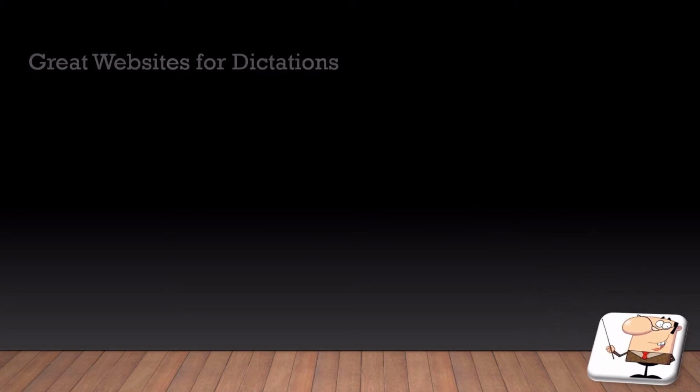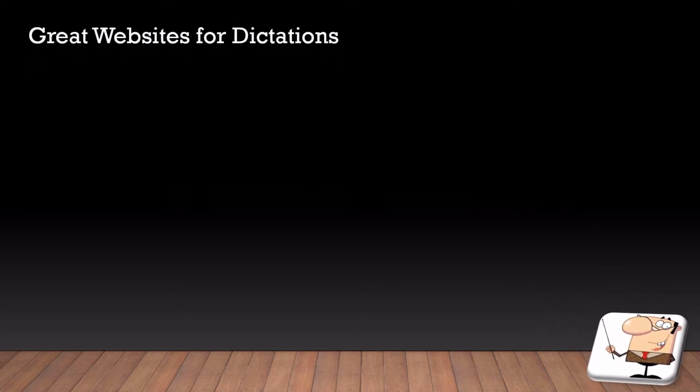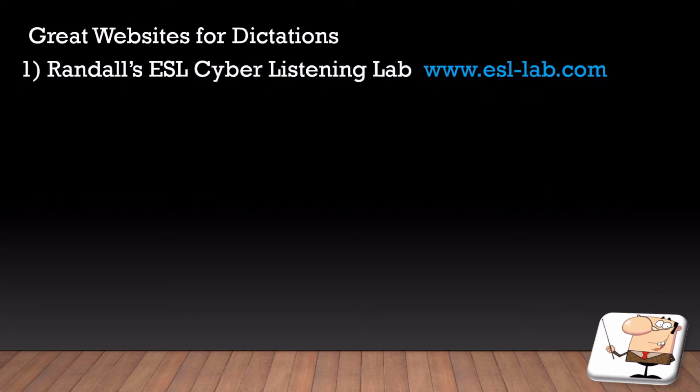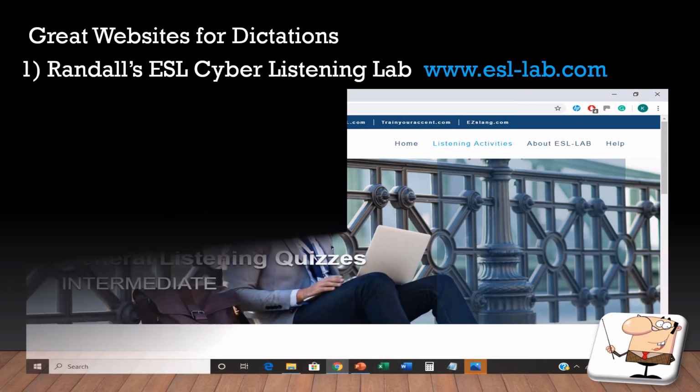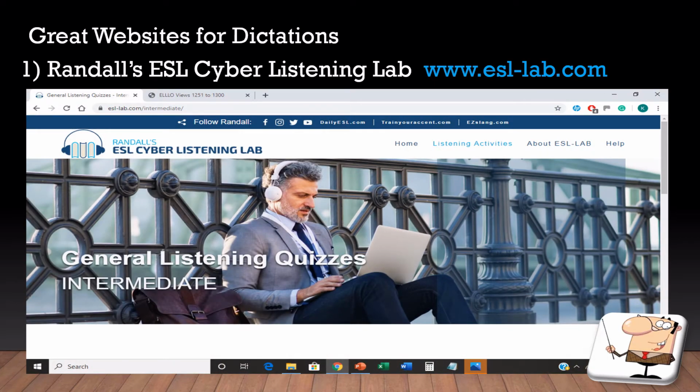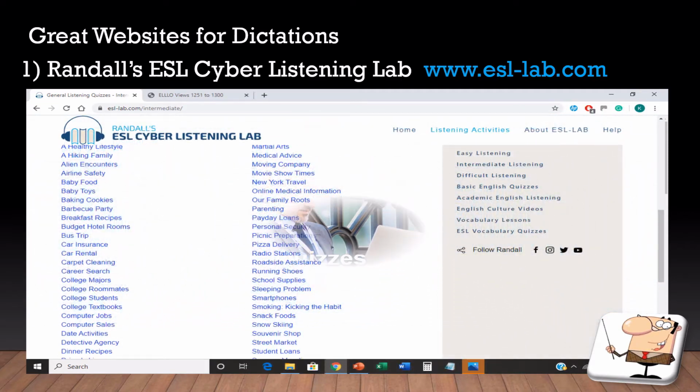The first thing you need is a good source of listening materials which are suitable for dictations. There are a number of YouTube channels which feature dictations. However, I would recommend these websites which are ideal. The first one is Randall's ESL Cyber Listening Lab. It's been around for years and has a huge range of topics. Most of them are dialogues which are great for learning conversational English.